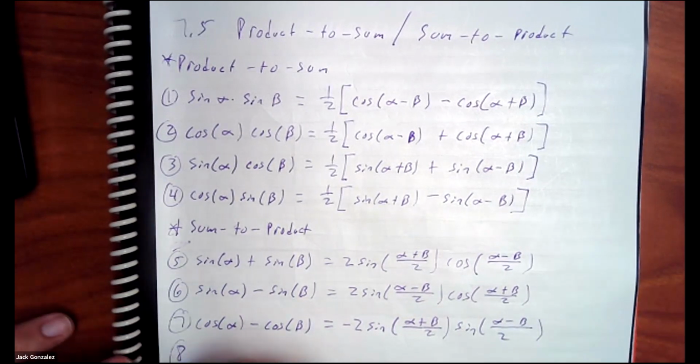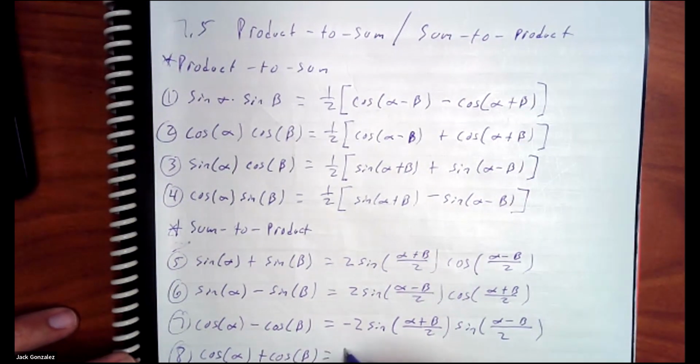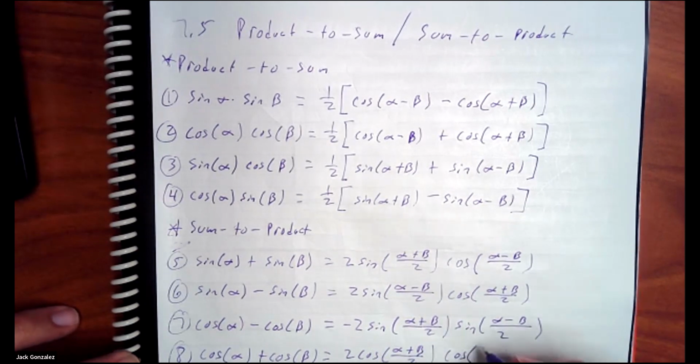Last one for these guys. Cosine alpha plus cosine beta is equal to 2 cosine alpha plus beta over 2 times cosine alpha minus beta over 2.